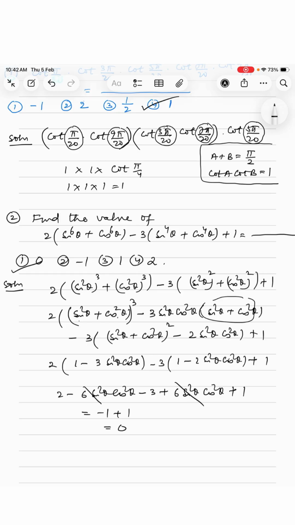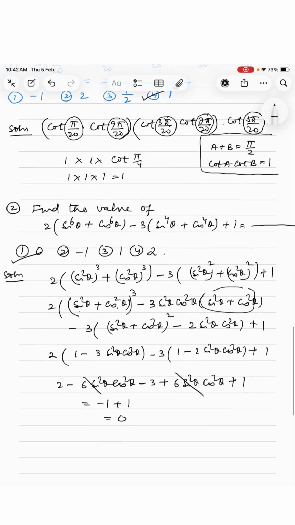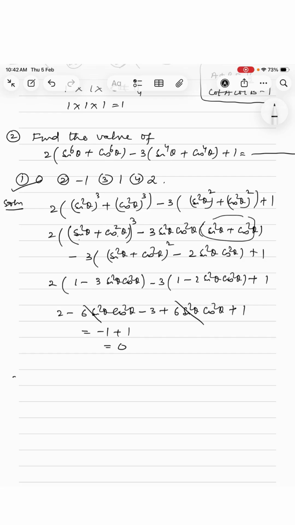Now this is the second very basic question of trigonometric ratios.